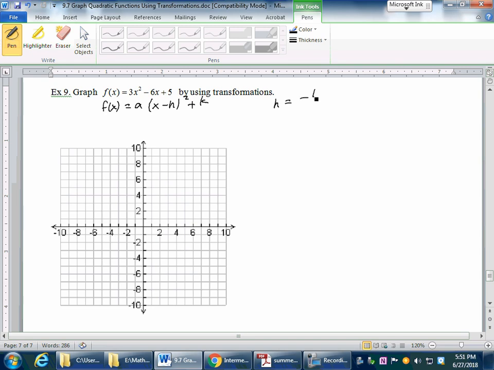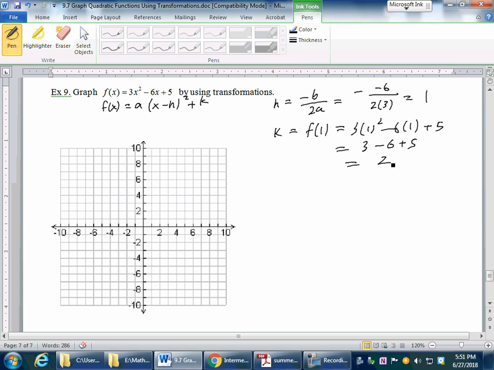That will be negative b divided by 2a, which is negative of negative 6 over 2 times 3, which is going to be positive 1. And my k, my y coordinate, is basically f(1). That is 3 times 1 squared minus 6 times 1 plus 5. That gives me 3 minus 6 plus 5, which is 2.